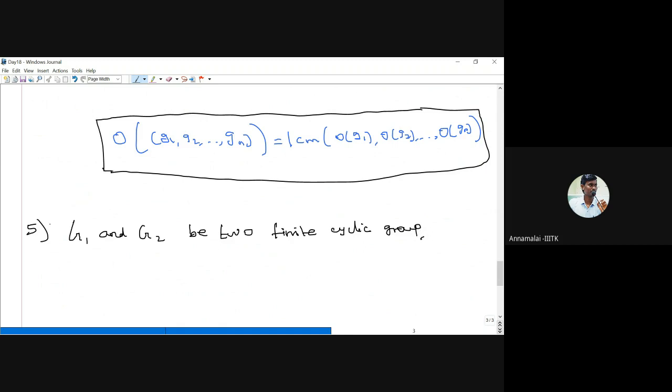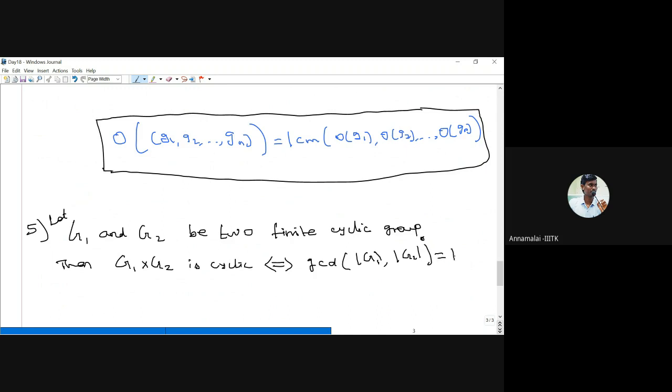Suppose we take two cyclic groups G1 and G2. Then the theorem says the Cartesian product G1 cross G2 is cyclic if and only if the GCD of the orders of G1 and G2 is 1.